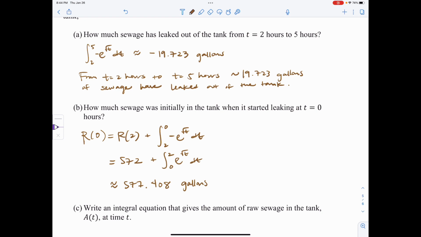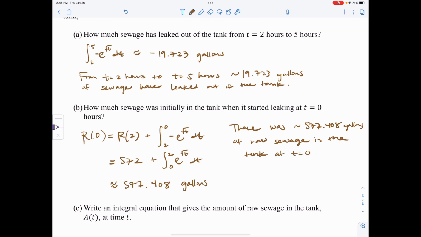So there was approximately 577.408 gallons of raw sewage in the tank at t equals 0 hours.